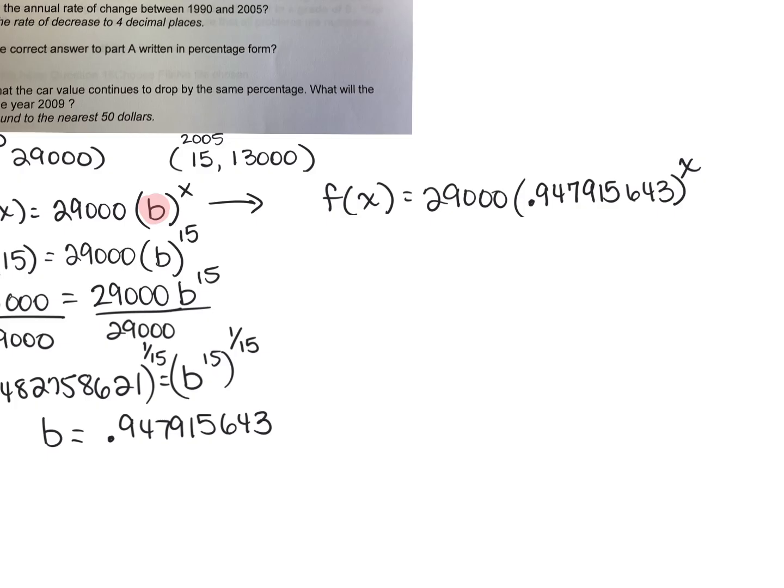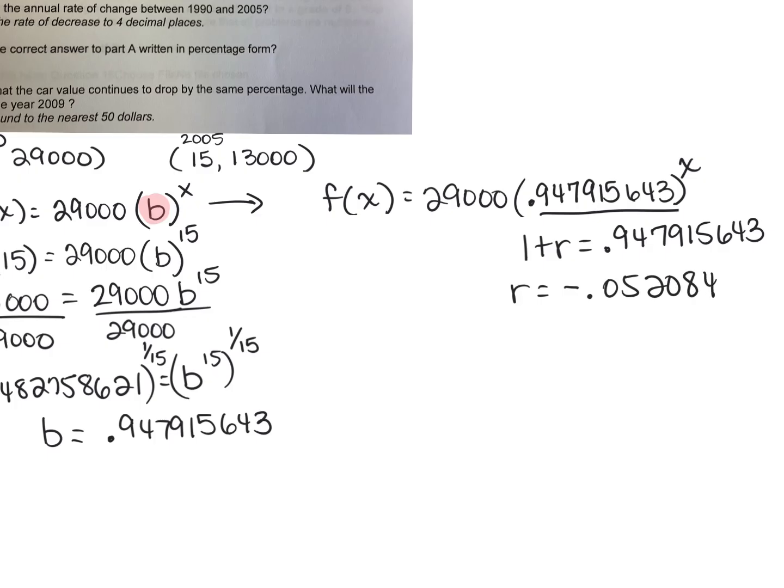Now, the first question is wanting to know what the rate is. So we have to remember that this is 1 plus the rate. So if mine is 1 plus the rate, and that gives me 0.947915643, we know that it's depreciating, so we subtract 1 from that decimal, and we end up with negative 0.052084357.